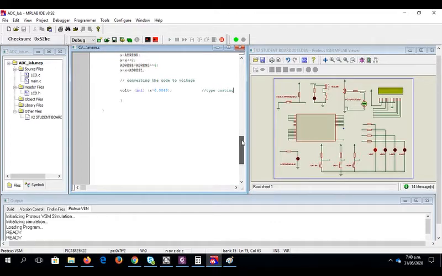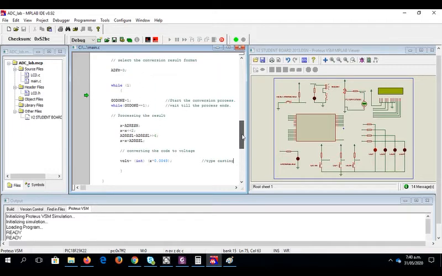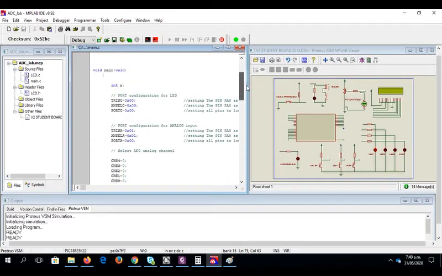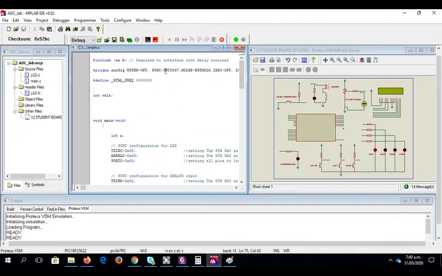Now I can show this voltage on the LCD. In order to do that, the first thing we need to do is include a header file for the LCD where I have all the functions declared.